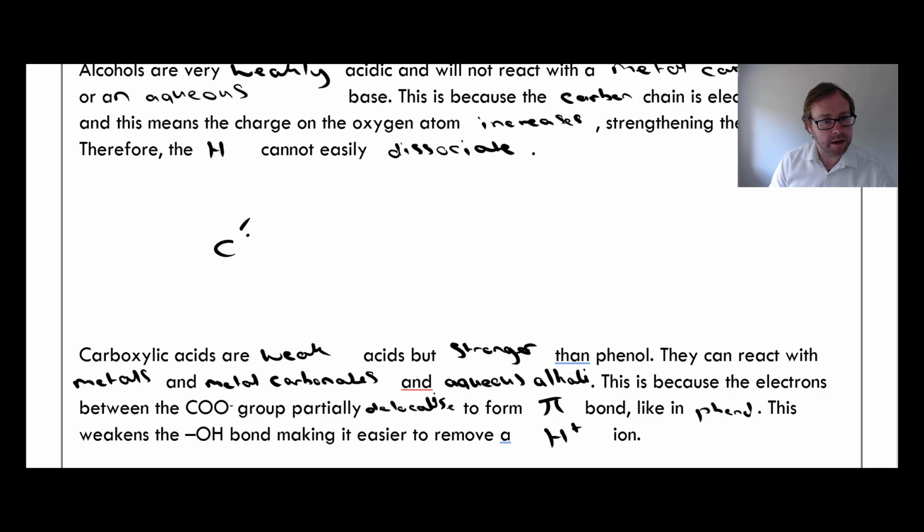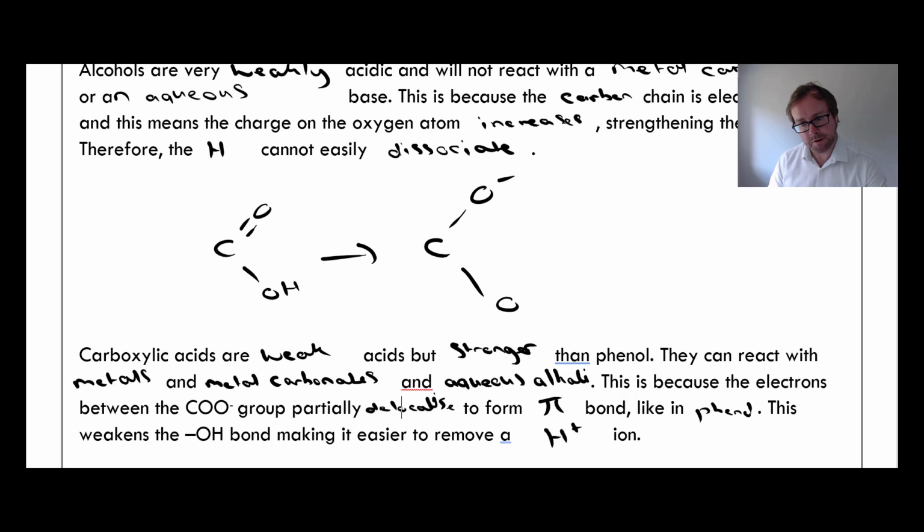E.g., so a carboxylic acid looks like this. What actually starts to occur is we get partial delocalization between this oxygen and this oxygen here.